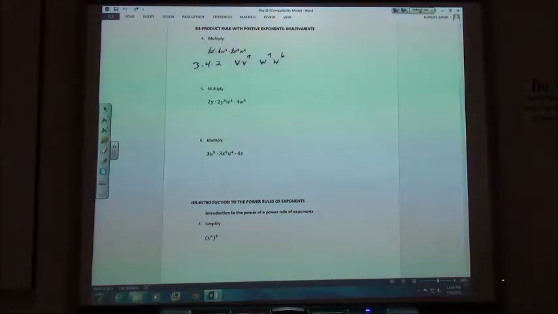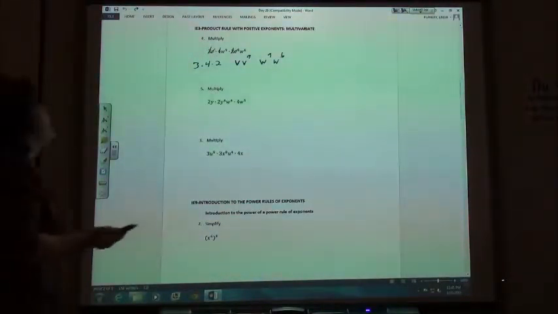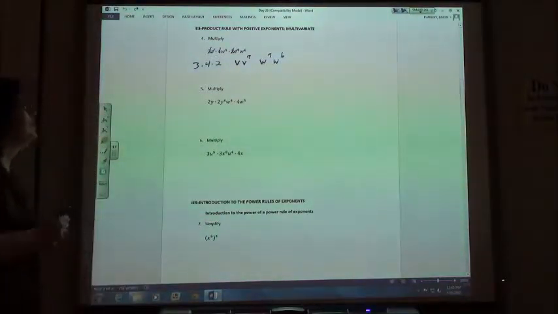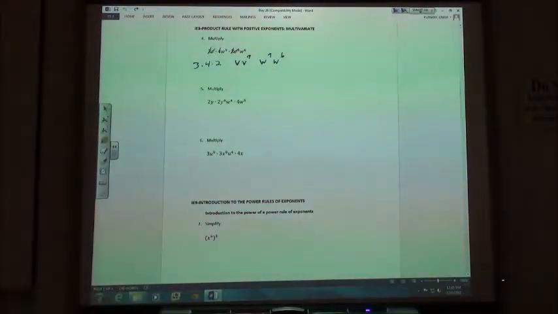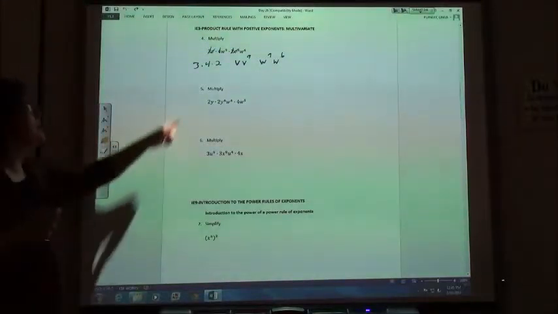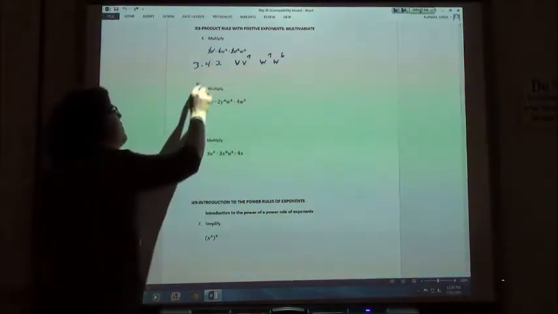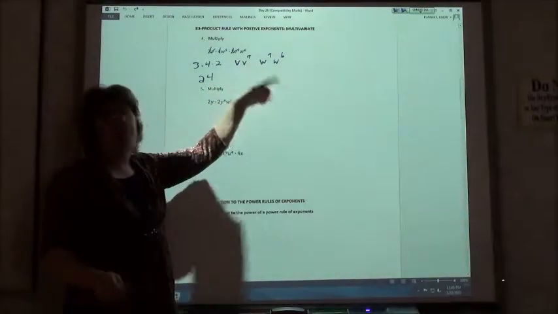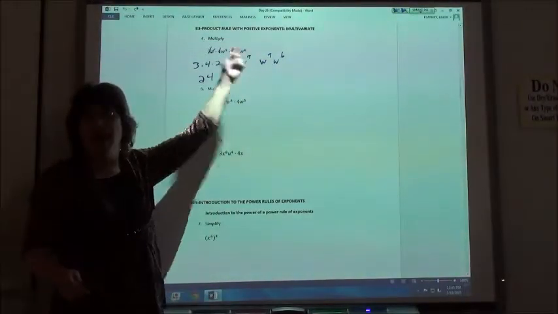So I'm going to multiply with the numbers. I have to just multiply them like I normally multiply. 3 times 4 times 2 would give me 12. 12 times 2, 24. And then I use my rule that I just learned. My bases are the same, I add my exponents.